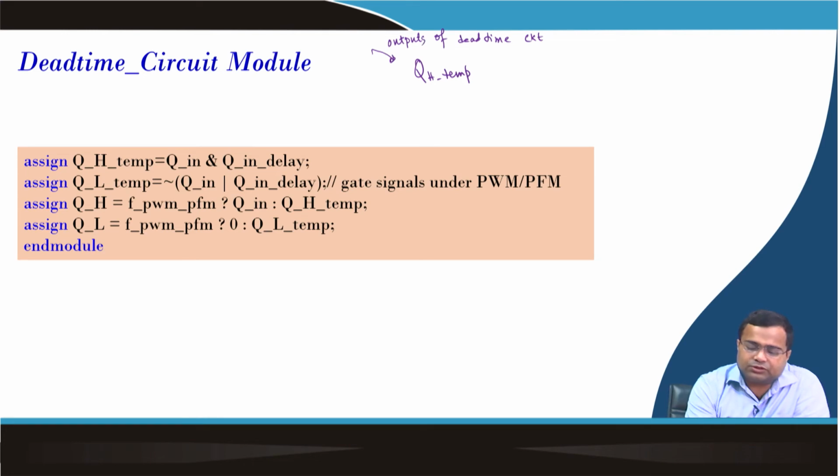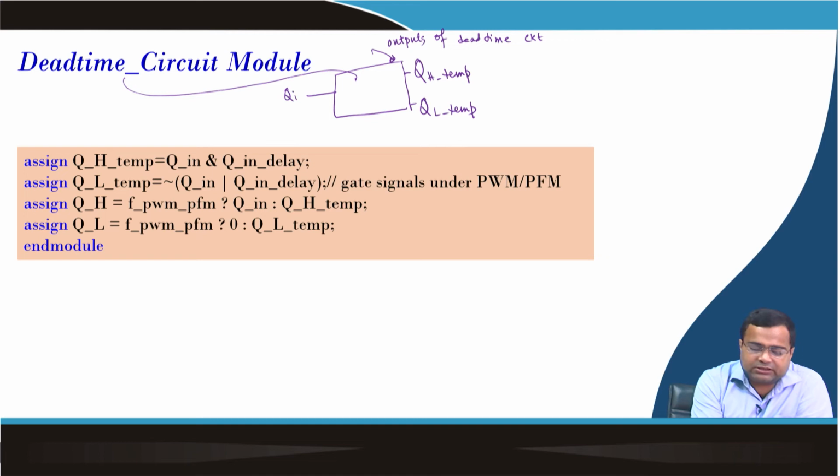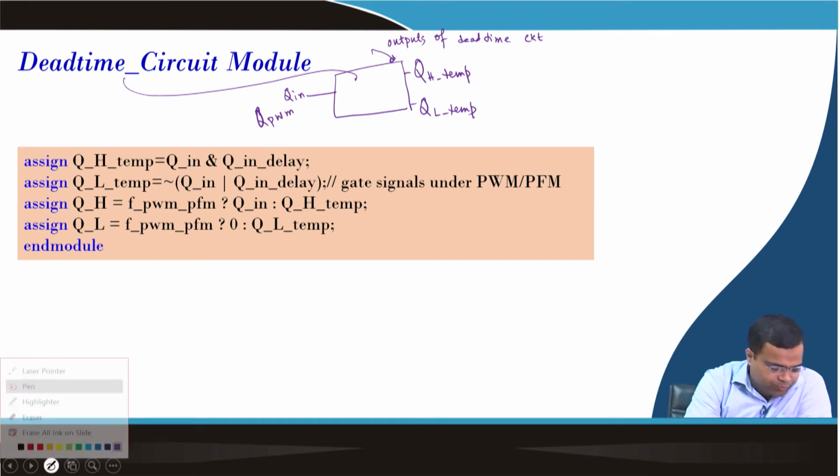The outputs, this is one, another is Q low temp, the high side and low side, and this was the dead time circuit which was generating dead time. What was the input? It was Q in, and that we have defined as Q PWM. It is basically the Q PWM that is the input.